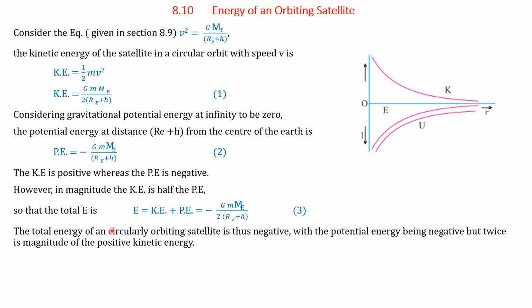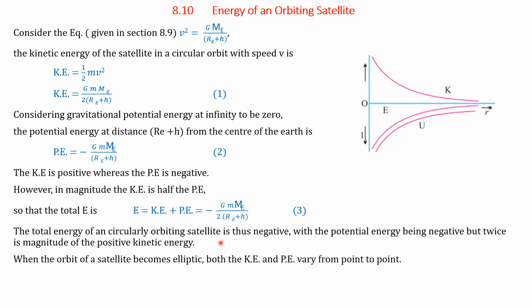The total energy of a circular orbiting satellite is thus negative. Hence, the total energy is negative and shown in this figure, the graph as E. This is the graph of E, with the potential energy being negative but twice its magnitude of the positive kinetic energy.